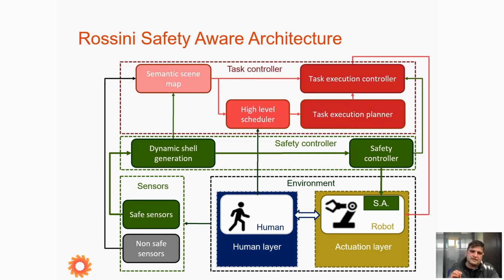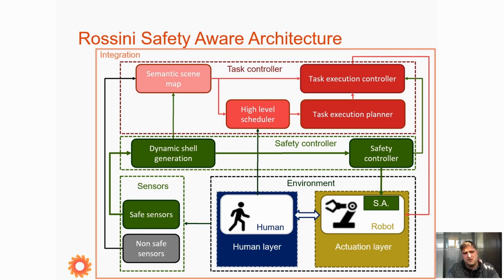And above this layer, there is a higher level of control that allows for the actual operation, like the scheduling of the activity, and the controller, like the motion planner and the execution of the robot, along with a semantic map that allows to build the overall scene.